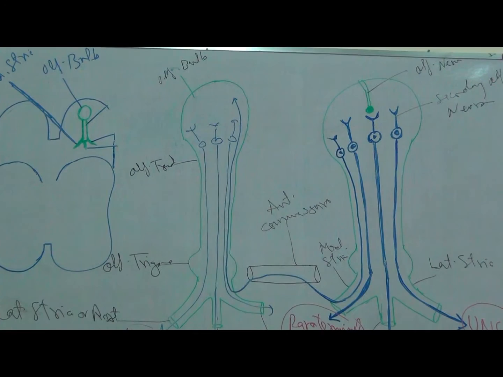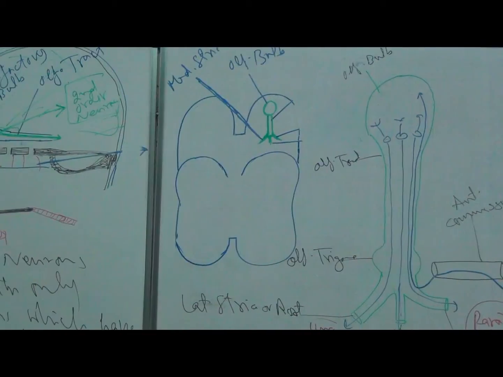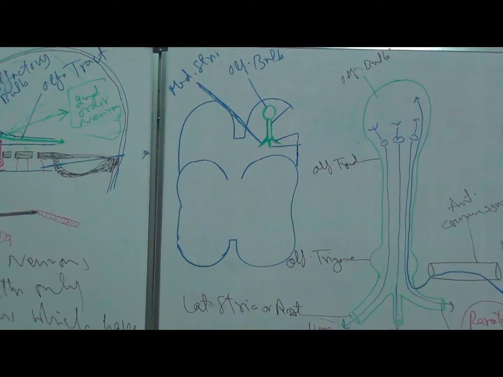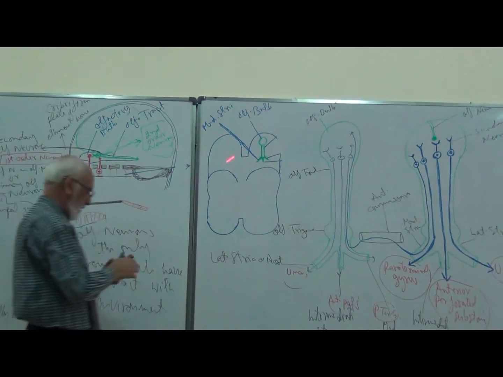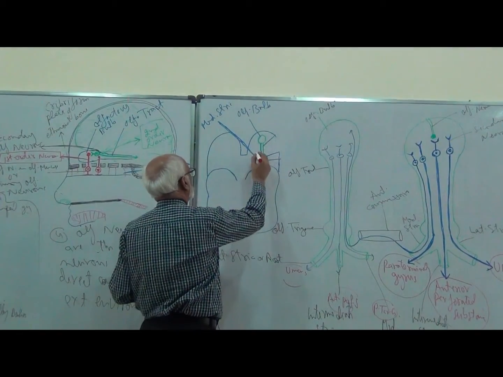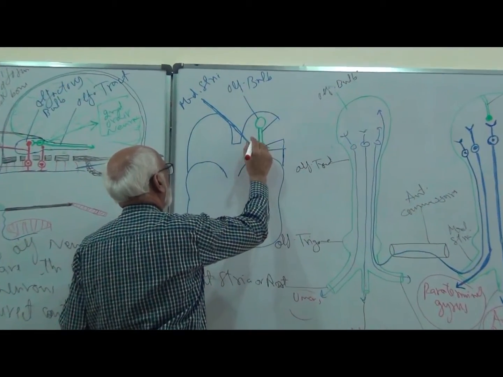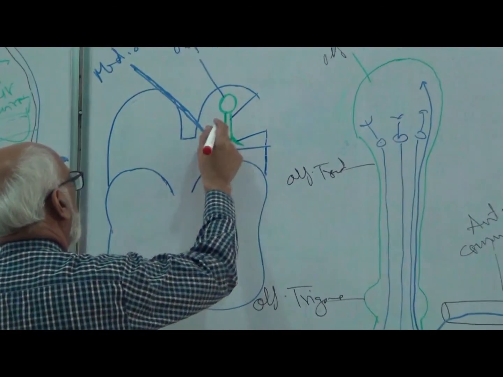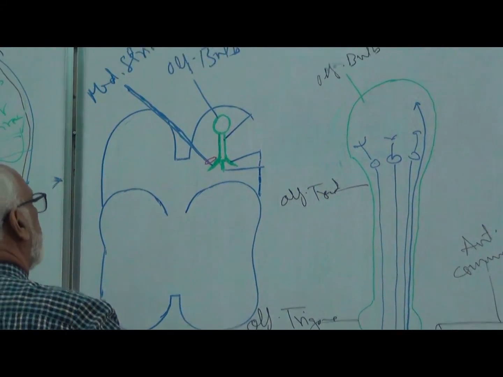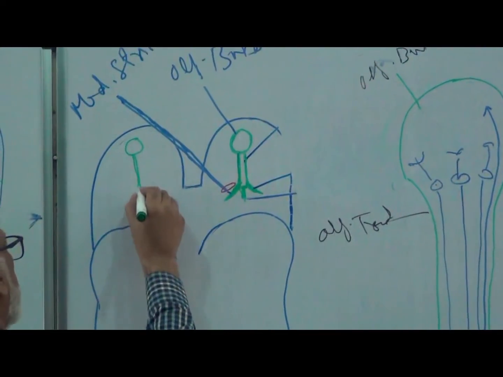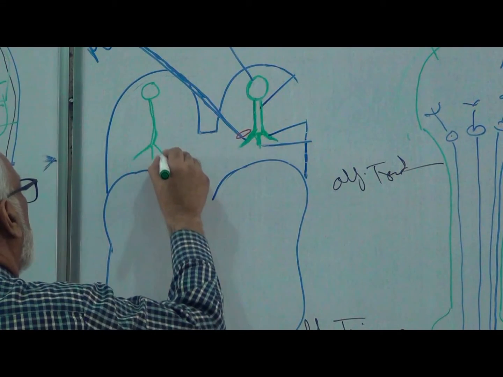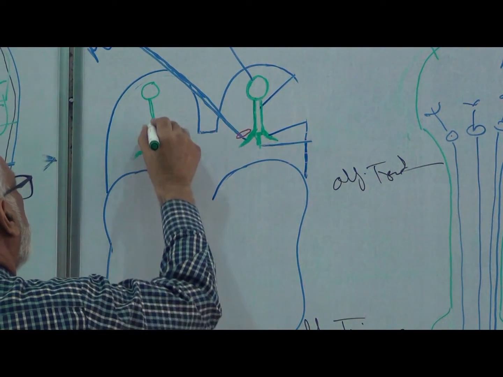Now this was the detail about the olfactory tract and olfactory striae. Now the pre-piriform area. What is the pre-piriform area? Here, just inner to the medial stria on the orbital surface of the frontal lobe, a small area of the cortex is known as the pre-piriform area.